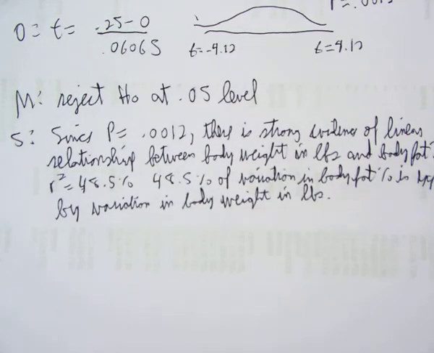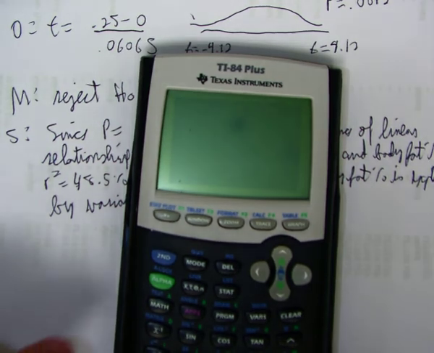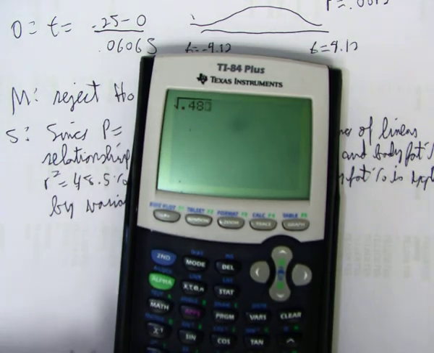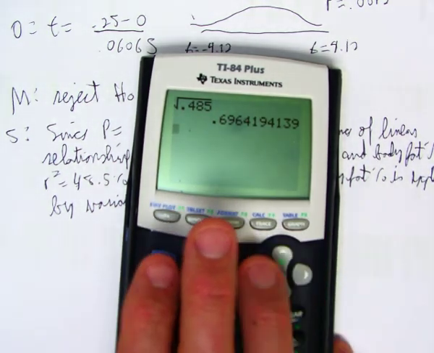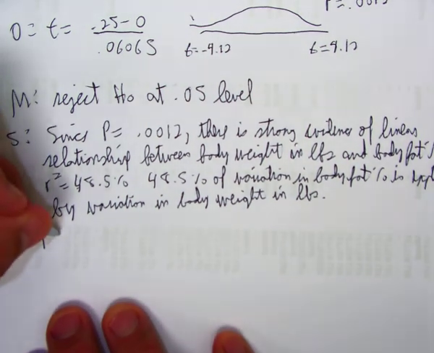Then we're going to get our R value, so we take the square root of 0.485, and it's about 0.7, so R is about 0.7.